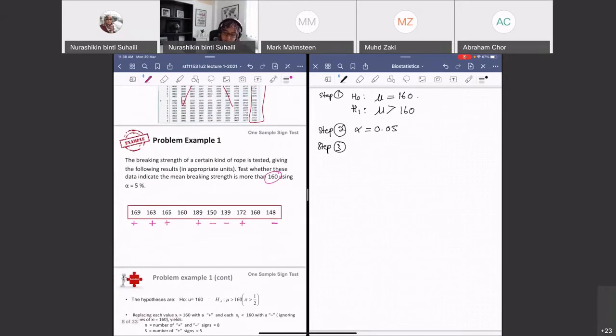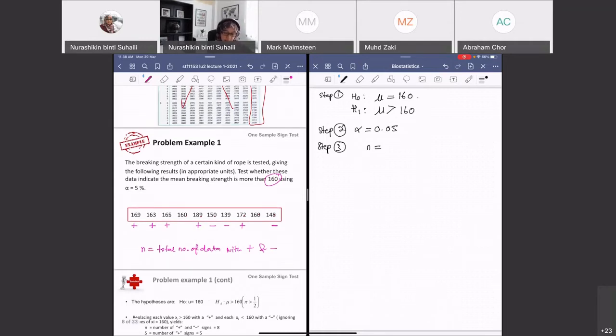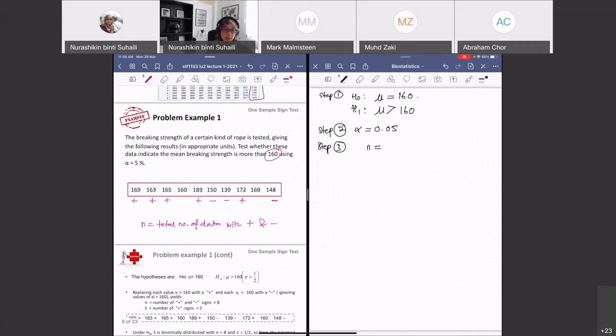Now you also have to find out what n is. As I mentioned before, n is the total number of data with positive and negative signs. Although the total number of data, without considering signs, is 10, the n is not 10 in this case, because in this test n is defined as the total number of data with positive and negative signs.